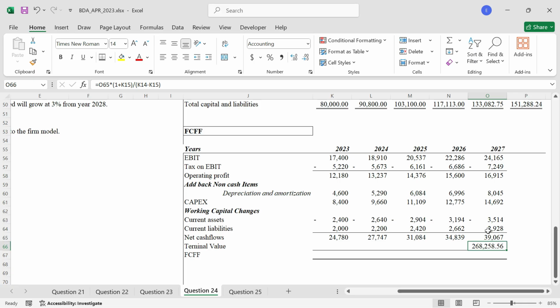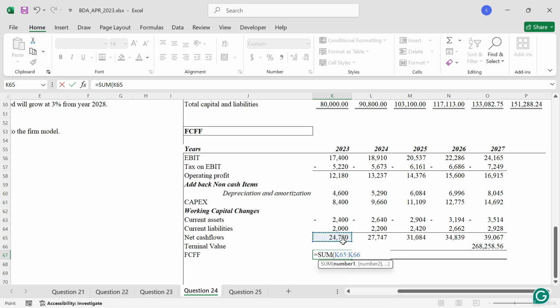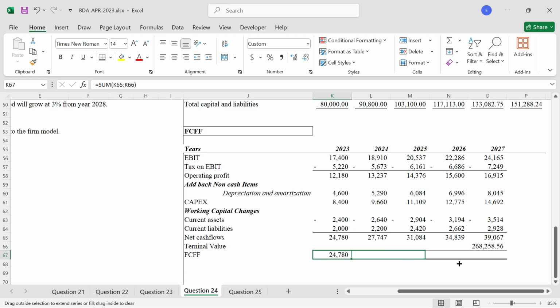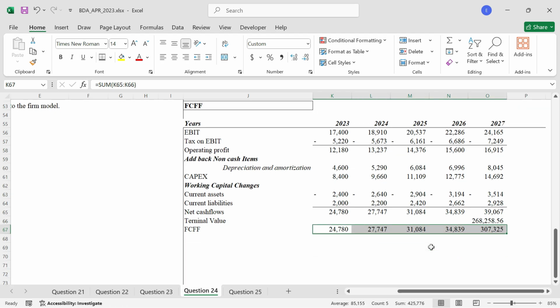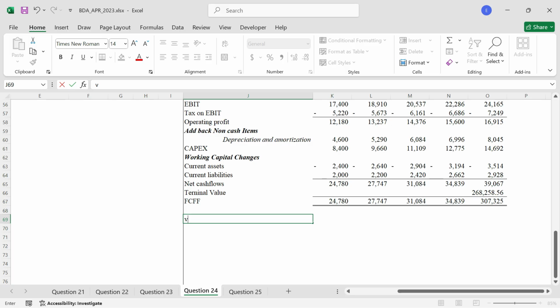This gives me a terminal value of 268,258, and I can find the sum of these two previous values and copy that across.